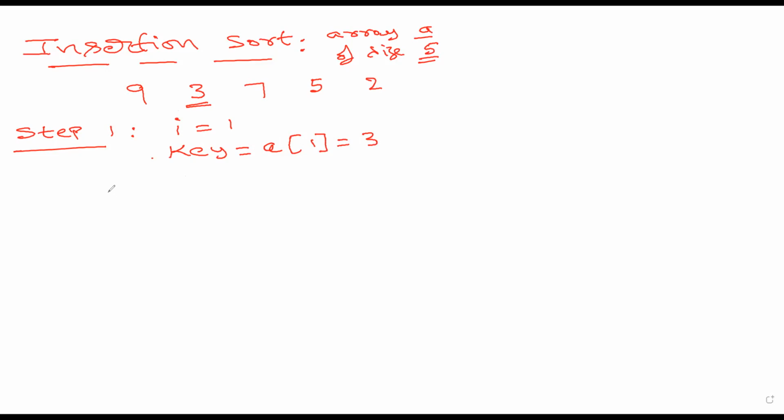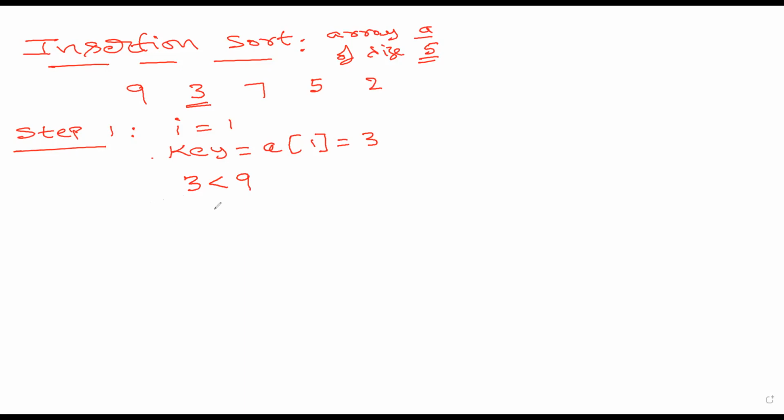This key element we have to compare with its previous position elements. So here the key at the first position, we have to compare with its previous position element, 9. If this particular key value is less than its previous position element, in that case, that previous position element we have to shift to its next position.